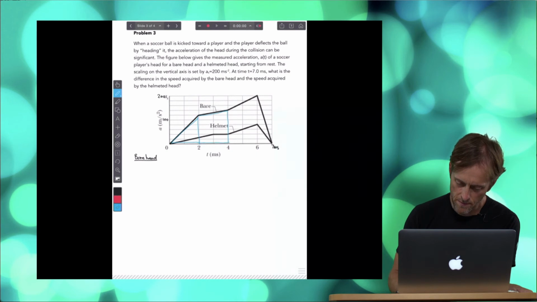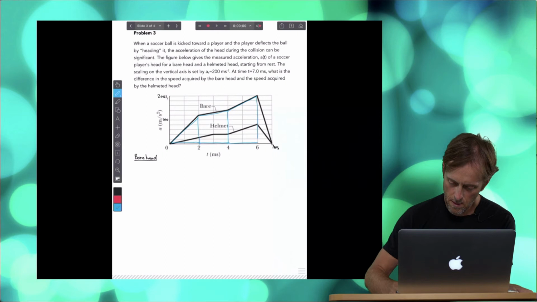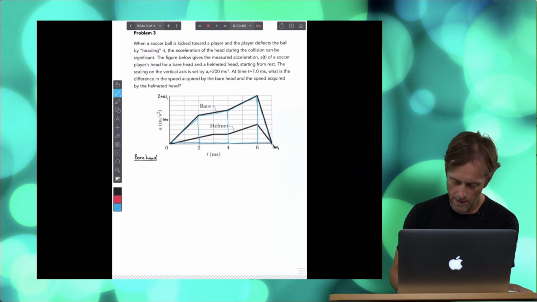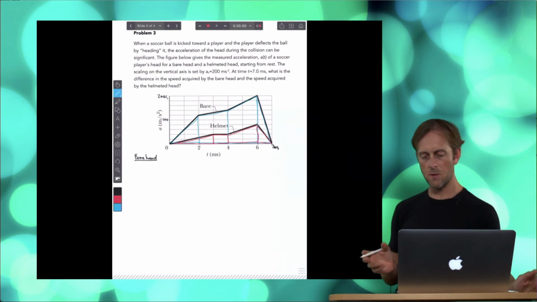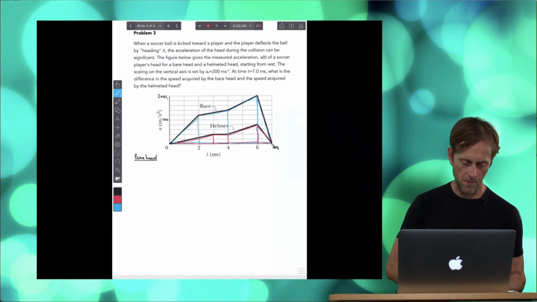That's a trapezoid. And we need to find that area. And then we need to find this triangle at the end. We need to find 4 areas. For the helmeted head, we need to find this area, this one, and this one. Okay, so we've just got to find 4 areas for those different regions.